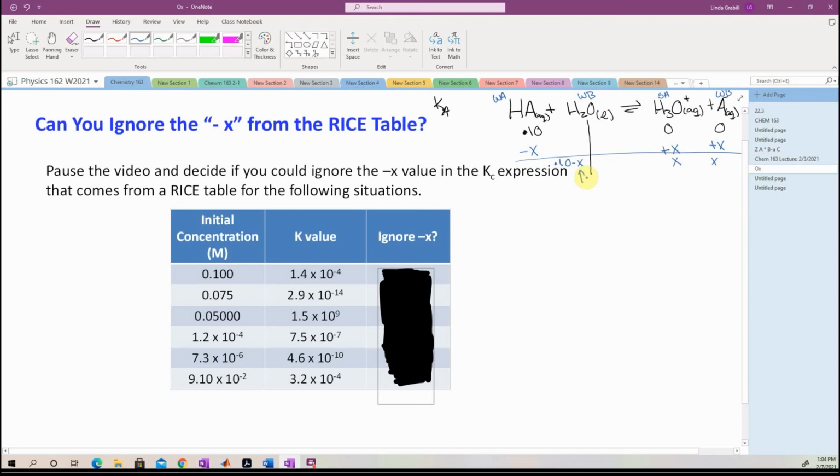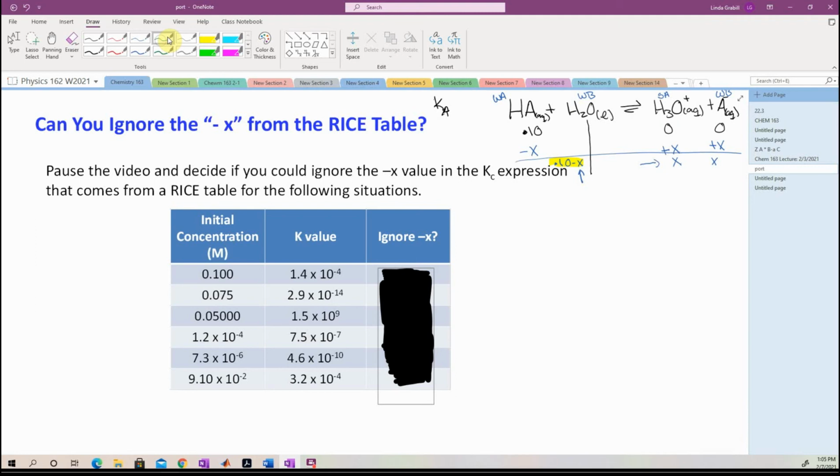And a way to think about that is if my delta x is going to be like 0.0004, then that's really not changing my 0.10 that much, right? And so it wouldn't even register. But I can't just ignore x, otherwise I'd be saying my concentrations here are 0. So specifically the thing we're looking at is, can we ignore this?